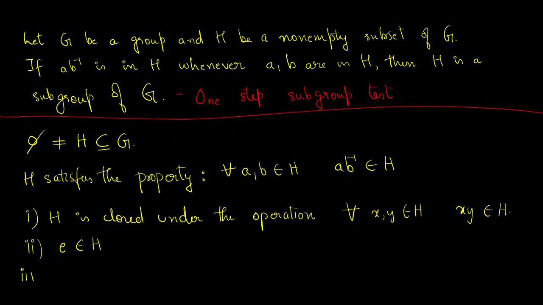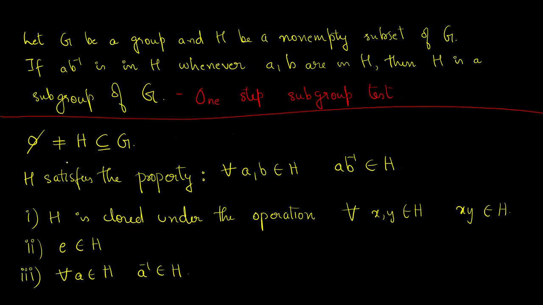And thirdly, I have to show that for any element in H, its inverse must also be in H. Given any element A in H, we know that A is also in G, so A inverse will exist in the group G. Now that A inverse may or may not be in the subset. To show that H is a subgroup, we must show that the A inverse, which is already present in G, must also be present in H.